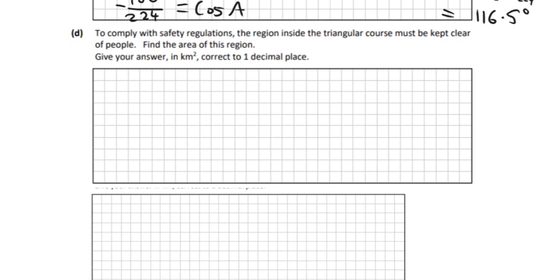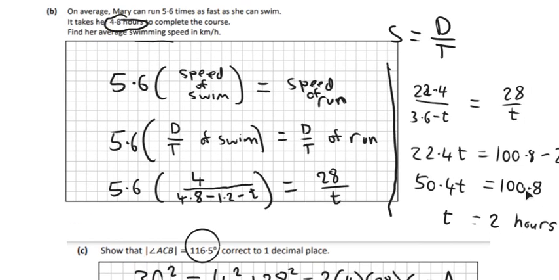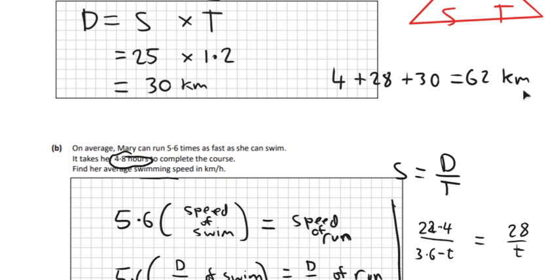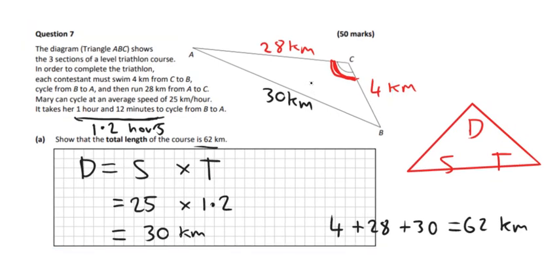Right, so part D then, it's find the area. So it's just a triangle really. You have a formula there in your log tables for the area of a triangle. If you look back up to it again, you're just finding the area inside that triangle, and you know now that that is 116.5.